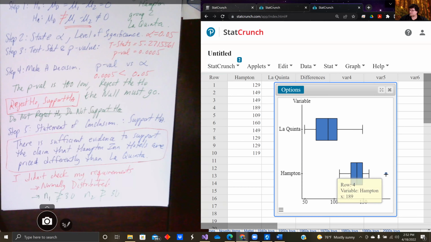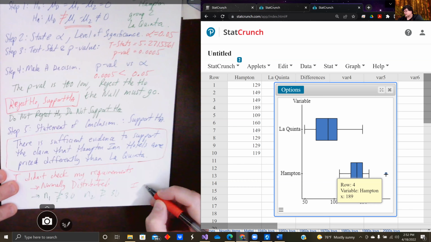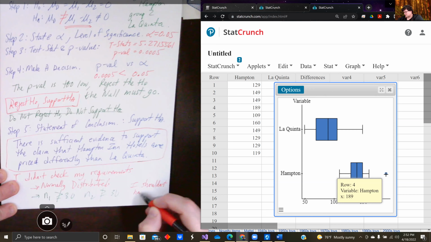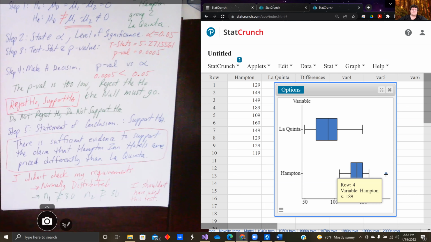So I probably shouldn't have used this test. At this point in real life, you would maybe go get more city samples because all you need is information from 30 cities. And you can actually find this information online. So we could fill out our list a little bit better. So it's worth pointing out that even though I had the data, I didn't have enough data. I didn't meet it.